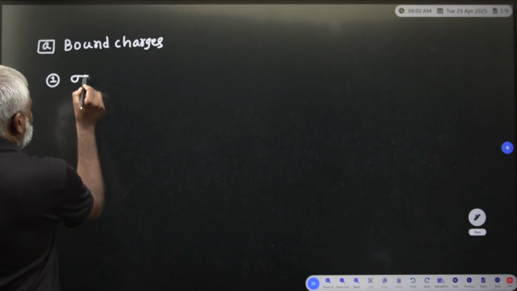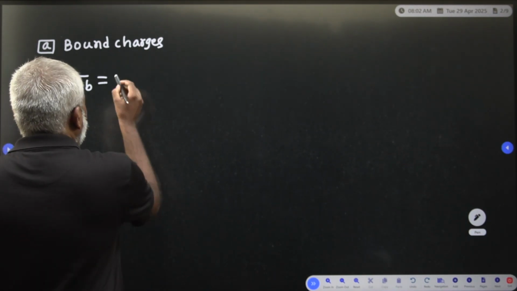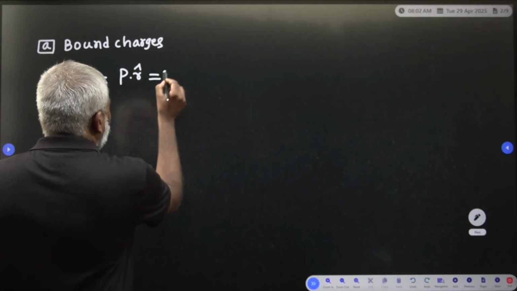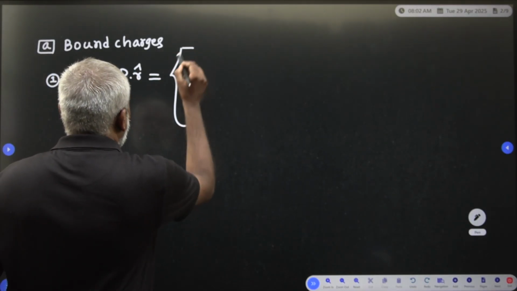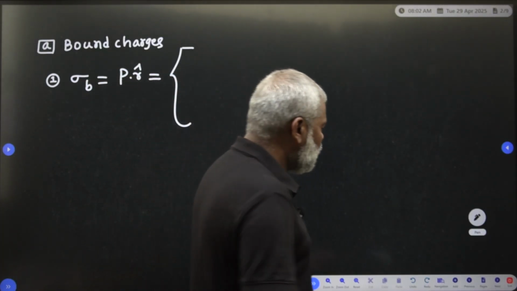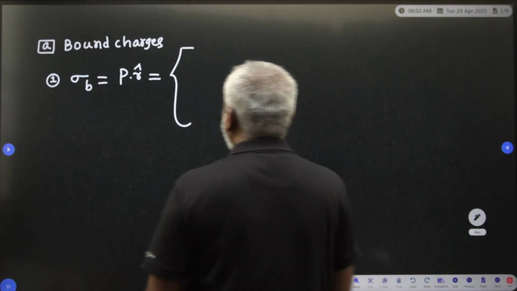The first one is the surface bound charge density. The surface bound charge density is equal to P dot r cap. Here your P is equal to k by r into r cap, as they are giving.